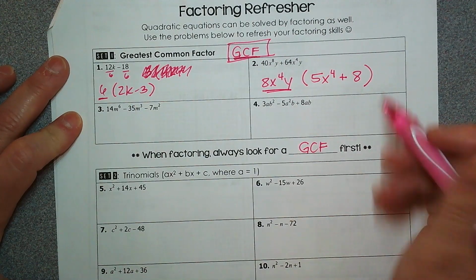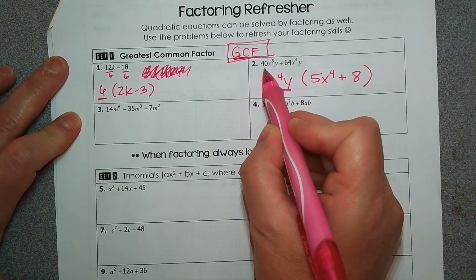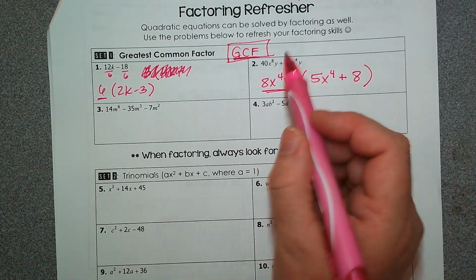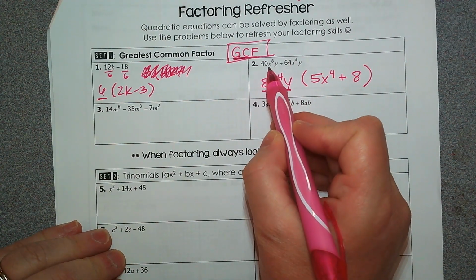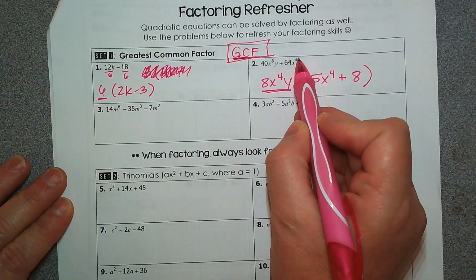Number 2, look at both terms. Look at the numbers first. What number is the highest number you can factor out of 40 and 64? 8, yes. For the variables, look at each variable separately. X to the 8th and x to the 4th.